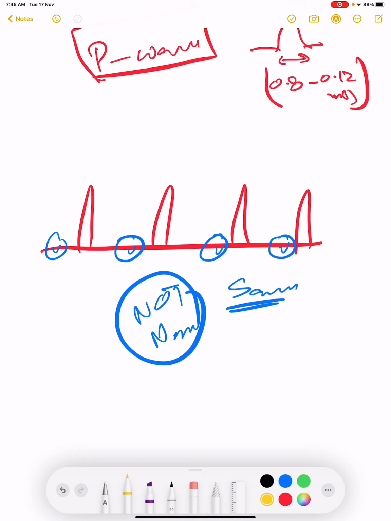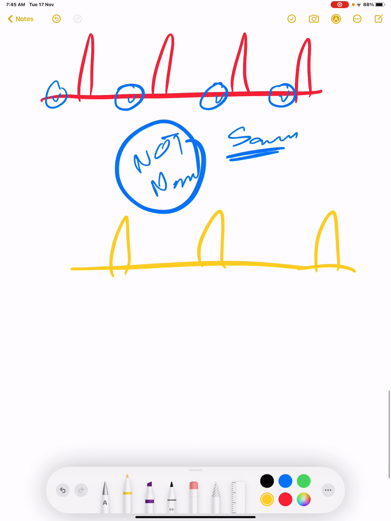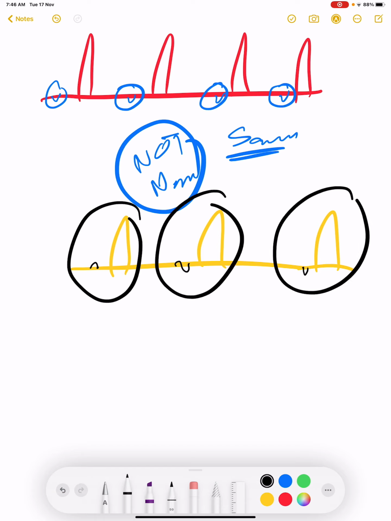So maybe from one node the P wave is generating like this, from another node like this, and from another node like this, depending upon the location. So we will have multiple morphologies of P waves, and this type of rhythm is called multifocal atrial rhythm.